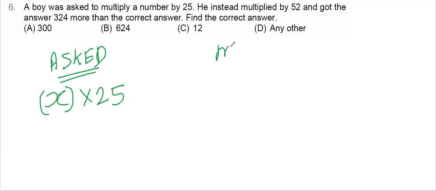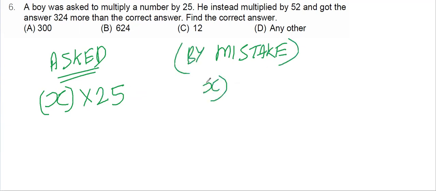But then what he did, by mistake, instead of multiplying by 25, he multiplied this number by 52 and got an answer that is 324 more.